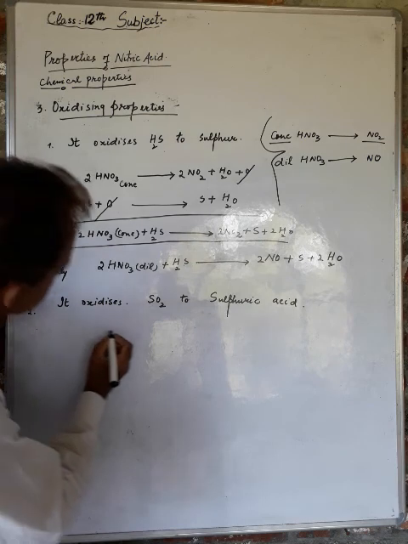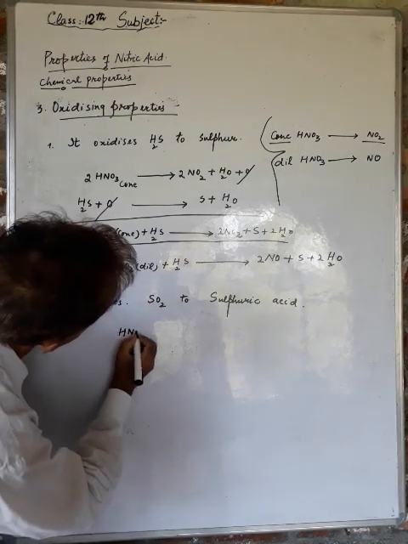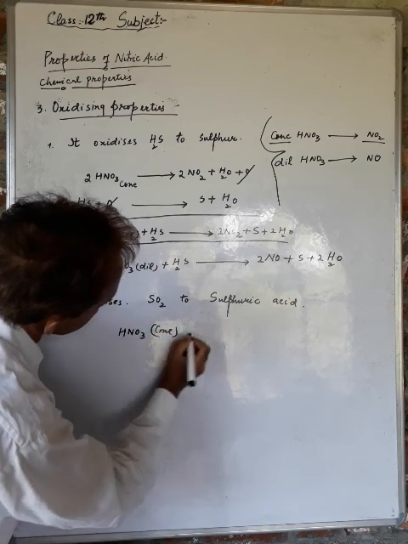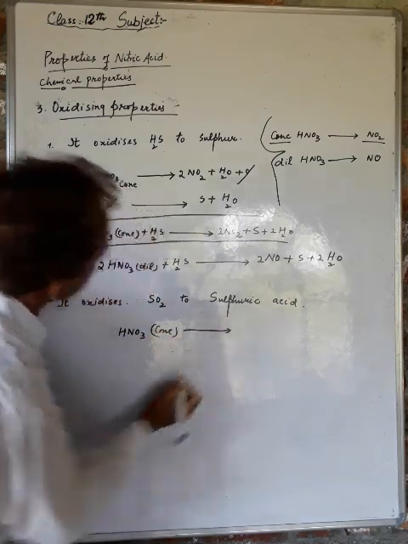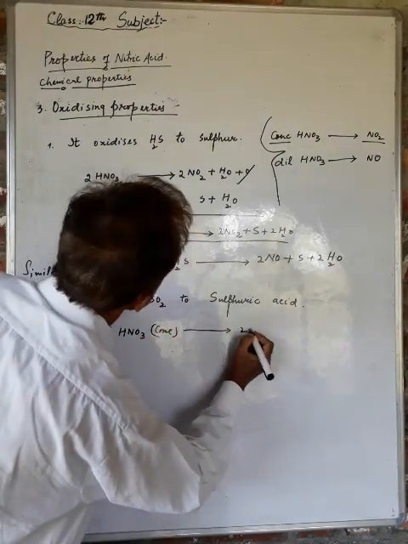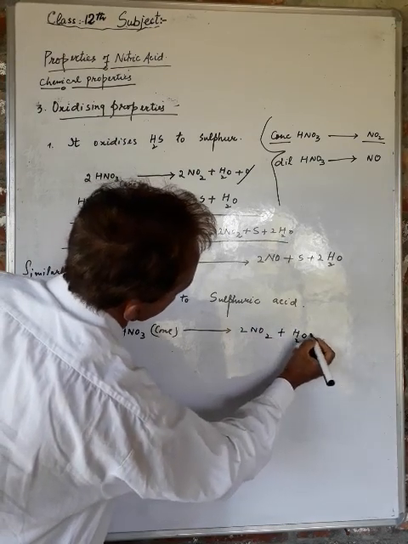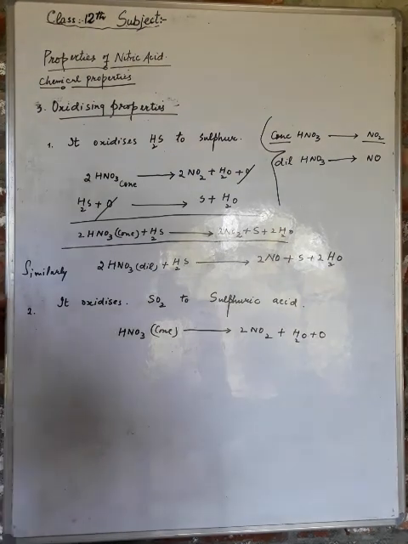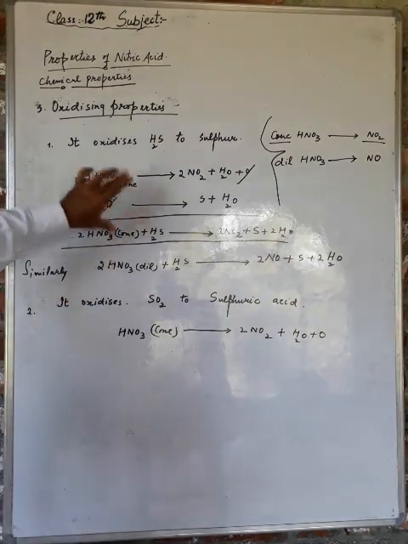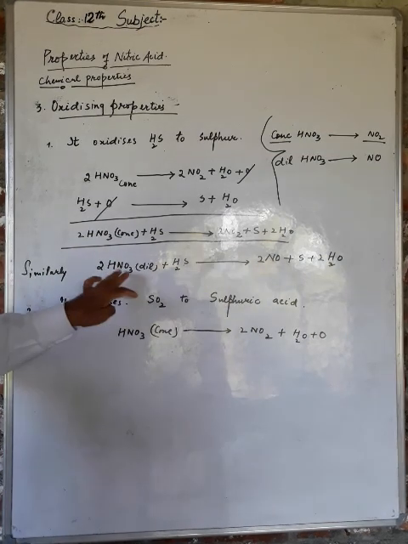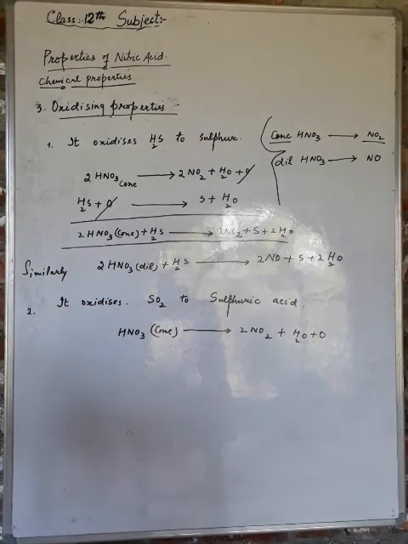Again we will take concentrated nitric acid, HNO3, concentrated. It forms twice NO2 plus H2O plus O. Here I have written the combined reactions. This is the combined reaction when we take dilute nitric acid.